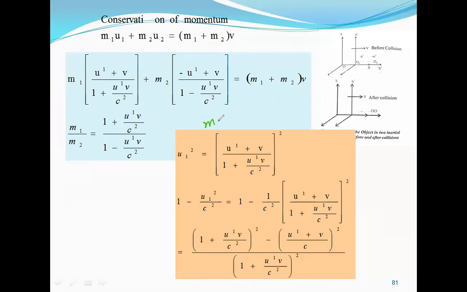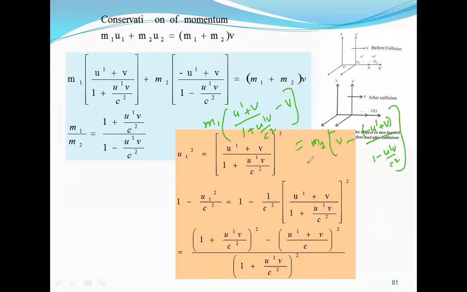You can take m1 common: m1 times u1 prime plus v by 1 plus u1 prime v by c square, and when I bring this side, minus v, is equal to m2 times v minus, when you bring this side, you should write it like minus u1 prime plus v by 1 minus u1 prime v by c square. Is it clear?